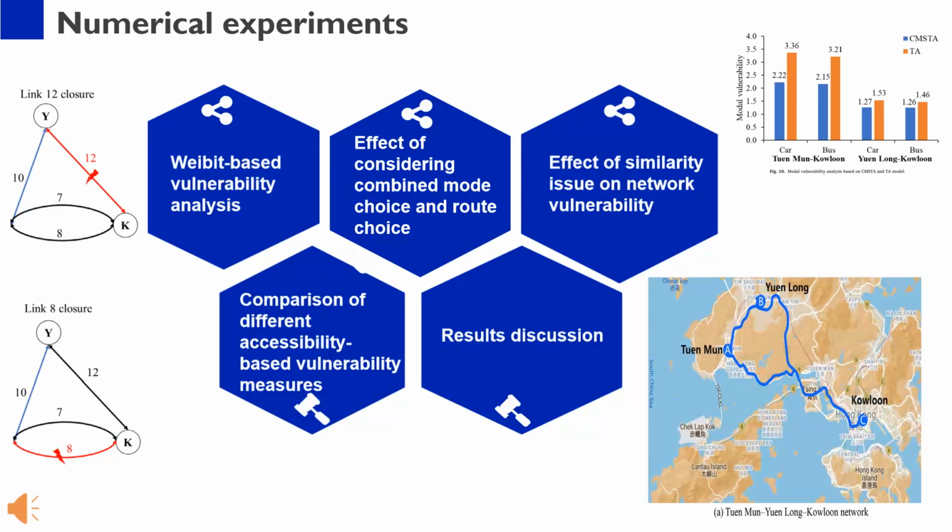Secondly, comparing to the traditional utility-based measure derived from the logit model, the study shows that the proposed measure performs better, especially at the higher spatial level, in the disruption scenarios where all travel alternatives have a uniform increase in travel time. Thirdly, the proposed vulnerability analysis method based on the advanced weibit-based CMSTA model is shown to outperform the TRC assignment model. Fourthly, handling both heterogeneity and similarity issues at each choice dimension plays a critical role in the vulnerability analysis.